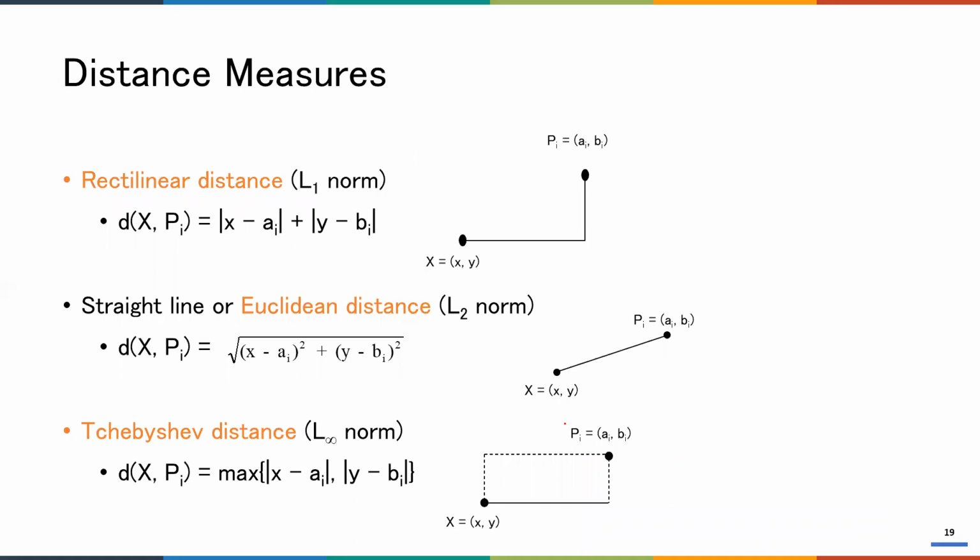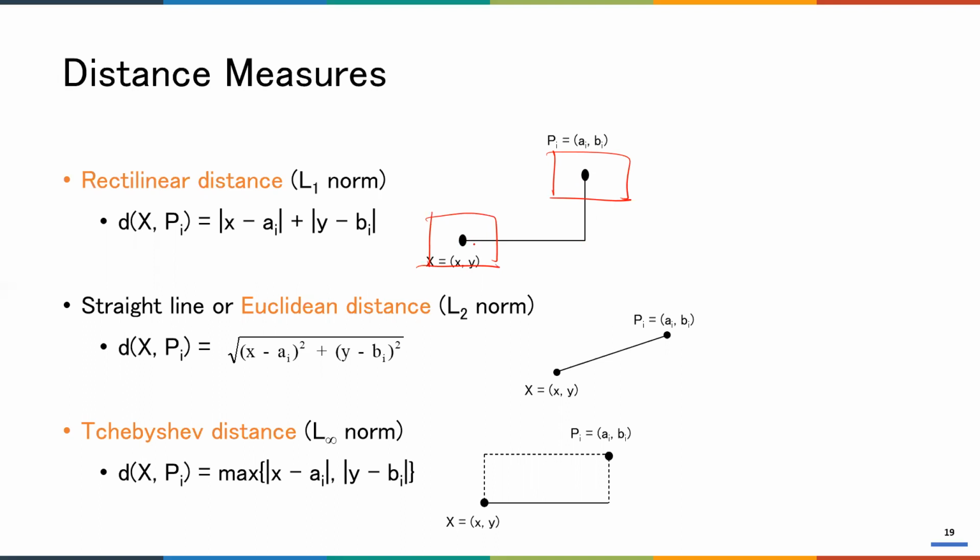And how we actually can calculate the distance measurement from one location to another location. There are several ways to calculate it, and it depends on which approach you have. So in this case, I will explain 3 types of distance measure. The first one is the rectilinear distance, where you basically find the centroid for the location first, and then you calculate the distance from one centroid coordinate to another centroid coordinate.